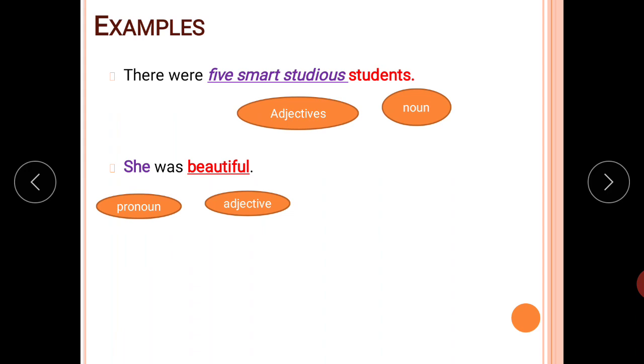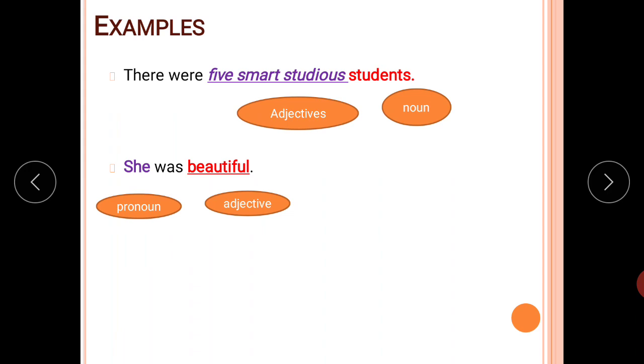Look at the sentence. She was beautiful. How do we come to know that she was beautiful? Because the adjective gives information about that particular lady, that she was beautiful. It is giving information about the pronoun. It may give information about the noun or pronoun.